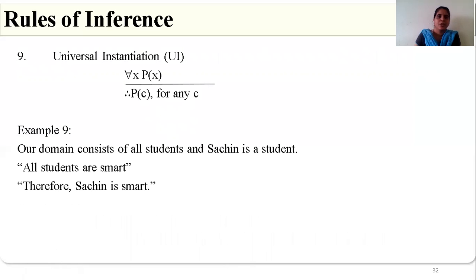Next is universal instantiation, or UI. According to this rule, we represent it as for all x P of x, therefore P of c for any c. That means if we consider the domain as all students and Sachin is a student, then according to this, all students are smart, therefore Sachin is smart.